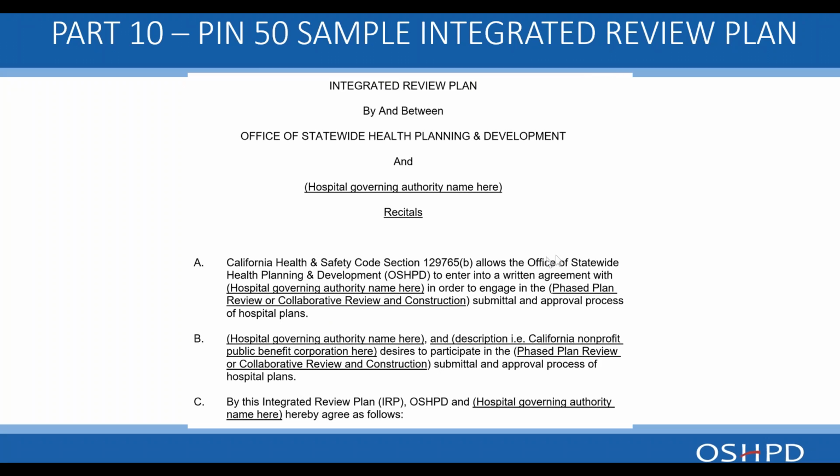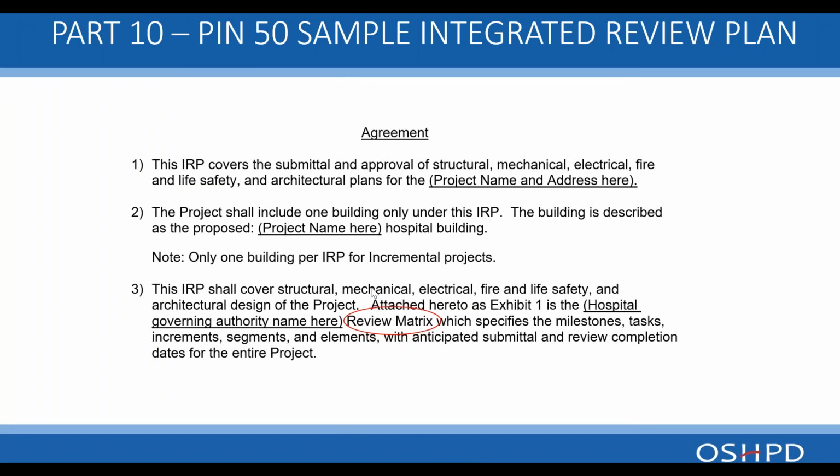It's basically defining who the governing authority is, describes the project, whether it's phased plan review or collaborative review, and defines some terms. The IRP covers the submittal and approval of structural, mechanical, electrical, fire and life safety, and architectural plans for the project name and address here.